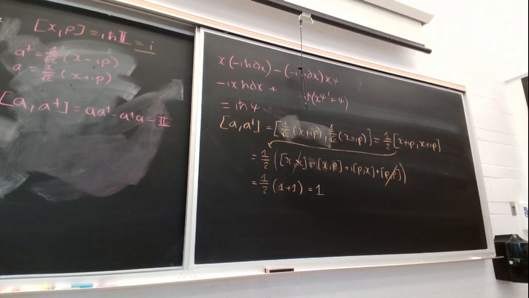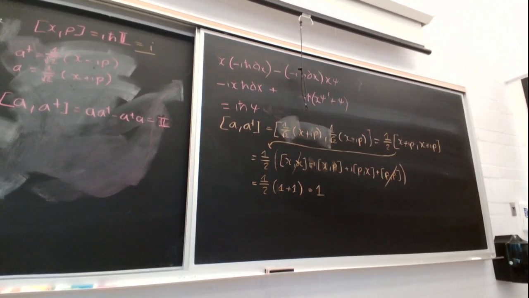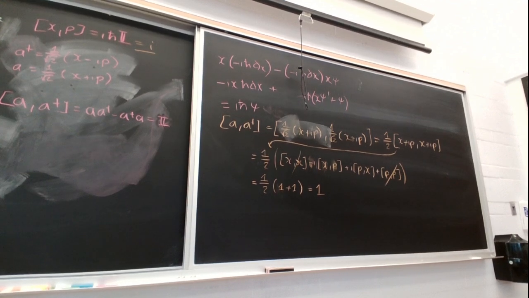That's the right idea. Do you guys know about trace? Yes. So you may recall that trace is some linear map from matrices to numbers. You take the trace of both sides. If these were over a finite dimensional vector space, and I had some operators A, B such that the commutator of A and B is equal to the identity, if you take the trace of the commutator, that's the trace of AB minus BA.